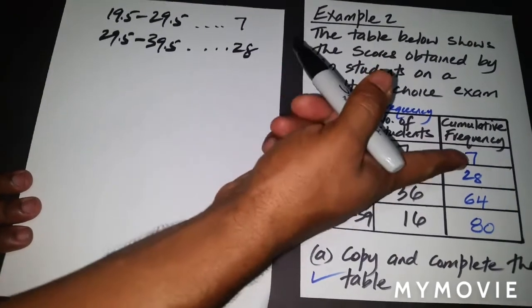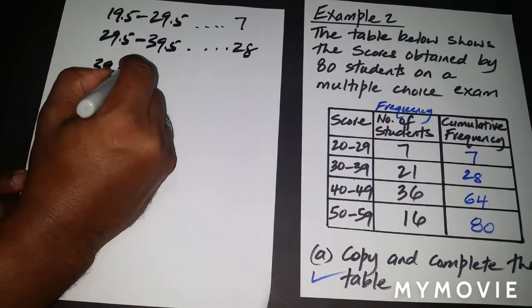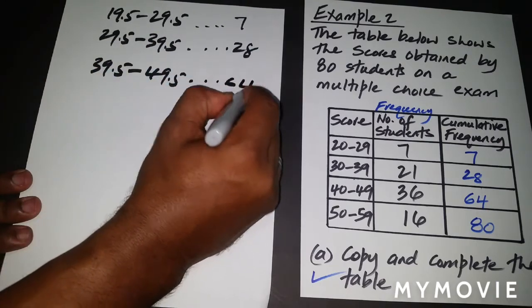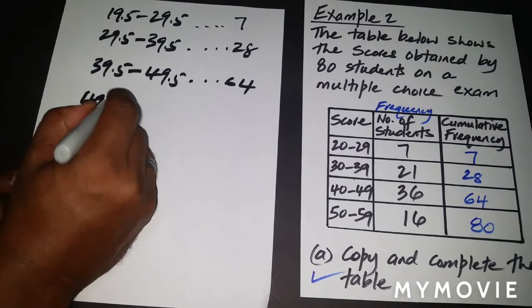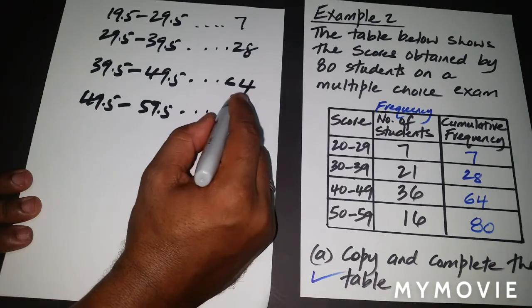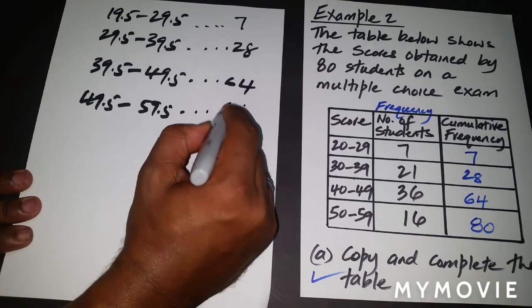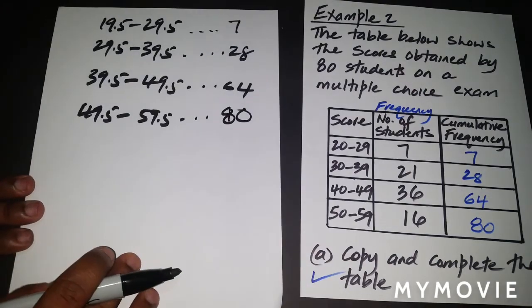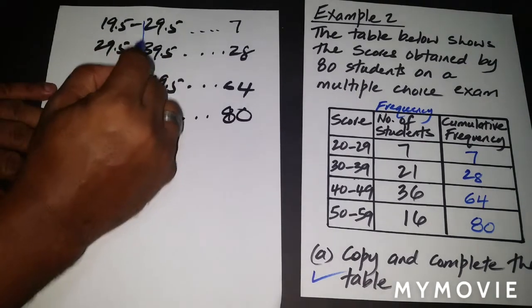Of course, it matches up with the cumulative frequency. 39.5 to 49.5 should match up with 64, and 49.5 to 59.5 should match up with 80.